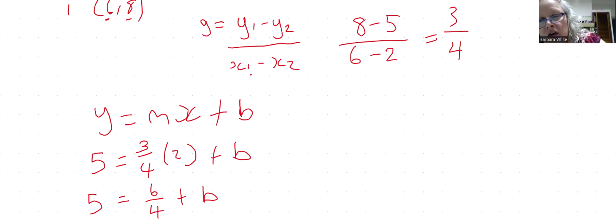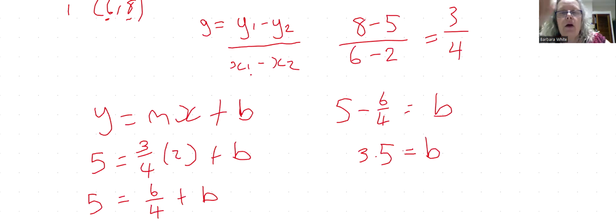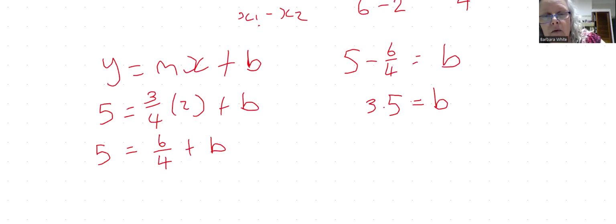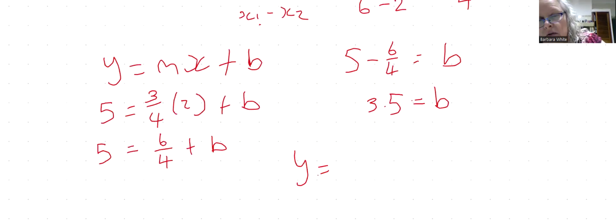We'll take away 6 over 4 from each side of the equation, and we'll be left with whatever b is. Now 6 divided by 4, that's 1.5. So 5 take away 1.5 is 3.5. So b is 3.5. So the equation altogether is y equals 3/4 of x plus 3.5.